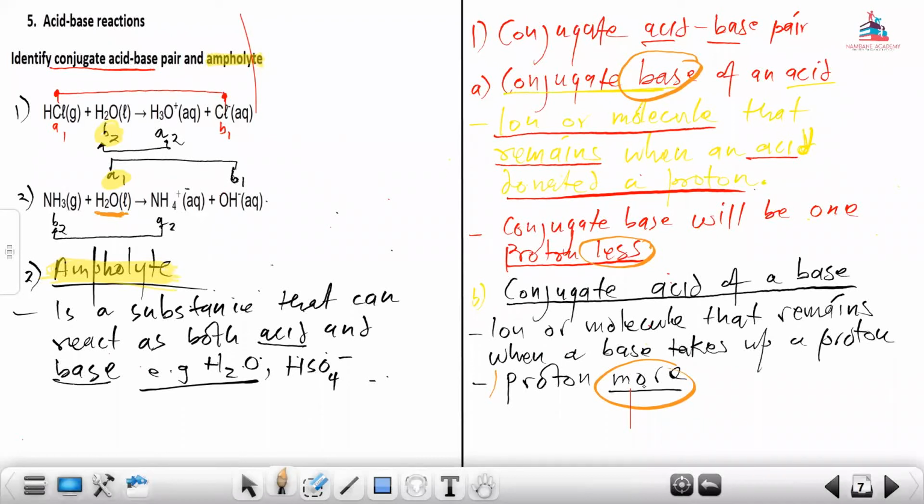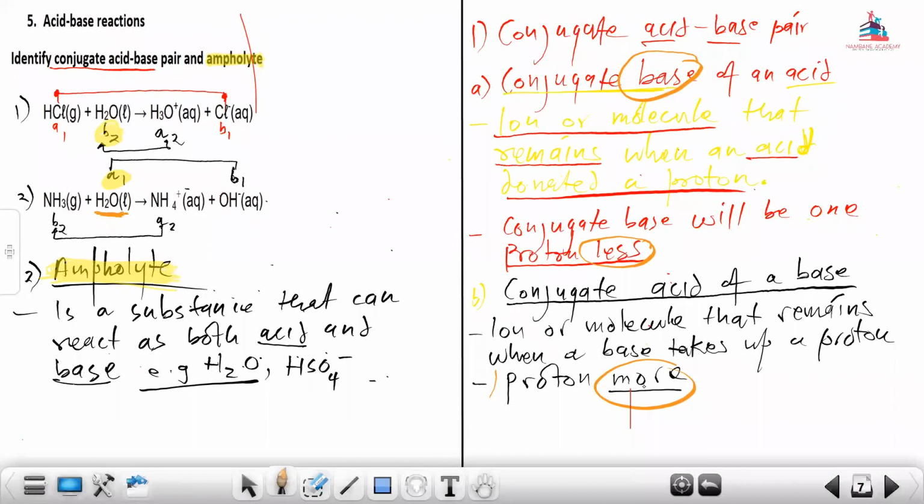So to make it really simple, would it be fine if I say that the base takes up a proton and the acid donates a proton, to easily classify it? That is basically Lowry-Bronsted theory, but we're not saying anything about the pair in terms of one being a conjugate base of the other.